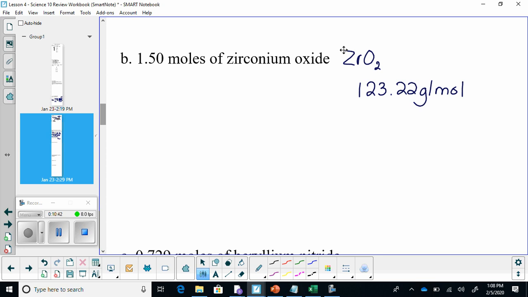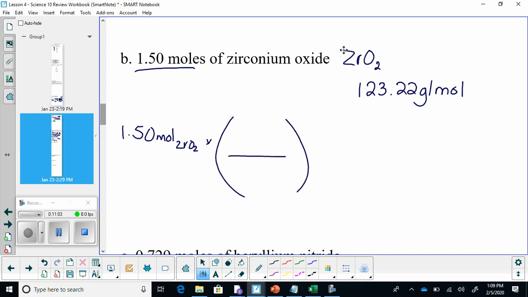What number do I start with? What's in the question or my molar mass? Which one? The moles or the molar mass? The moles. So we start off with this number that's provided. 1.50 moles of zirconium oxide. We then need to select the ratio. The ratio, do we want grams in our numerator or denominator?